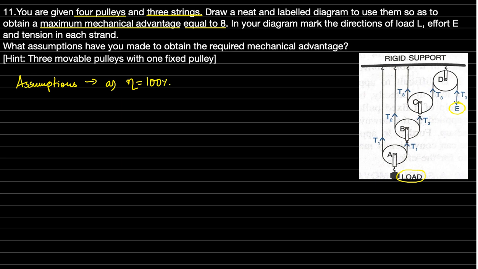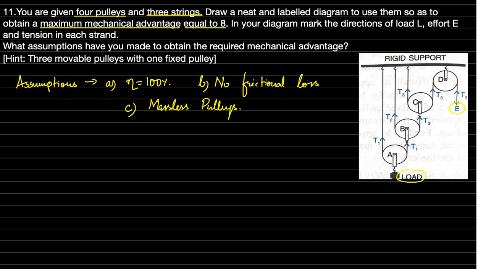The second one, no frictional loss, and the third one, massless pulleys. So these are the assumptions which we actually consider.